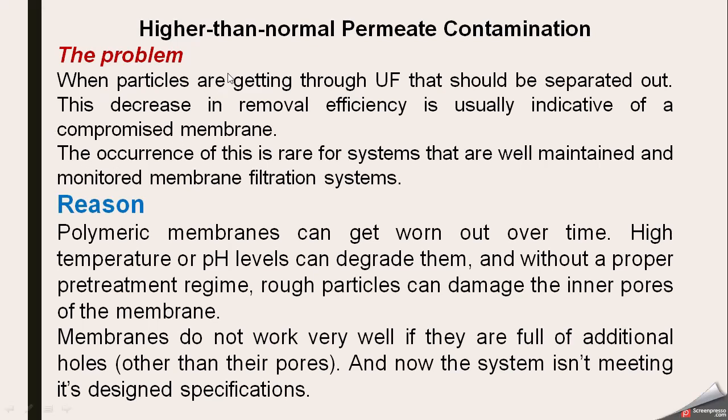So basically, like in RO, when the membrane is not working properly or is damaged, then particles pass through this membrane. Similarly here in UF, when particles are passing through the UF membrane and do not separate out, and this decreases the removal efficiency, it is a clear indication that there is some problem in the membrane.